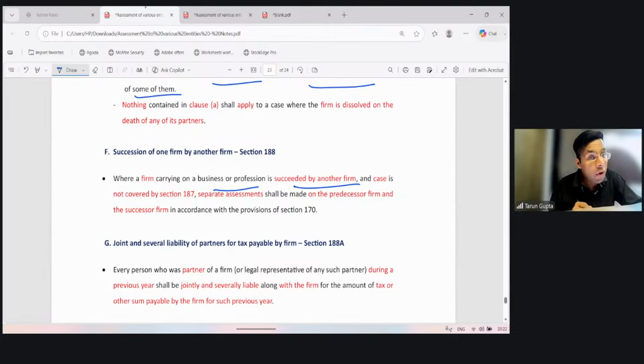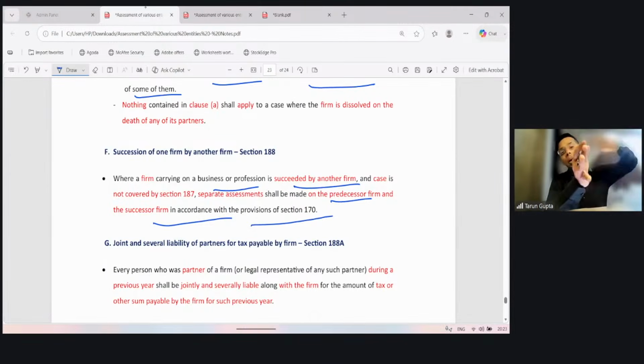And the case is not covered by section 187. It's not a change in constitution. It's a succession. Separate assessment. There are two assessees. So separate assessment has to be made on the predecessor firm and the successor firm in accordance with section 170. So it's a succession as per section 170, and there have to be two assessments: up to the date of succession on the predecessor, and from the date of succession on the successor. Okay.